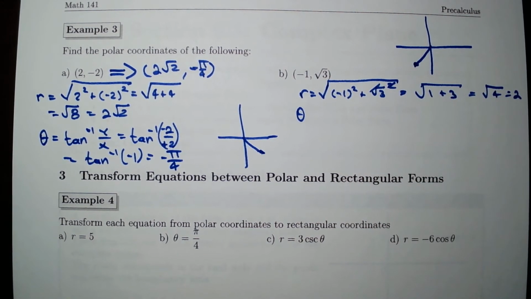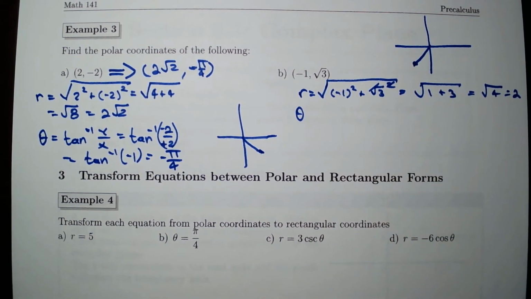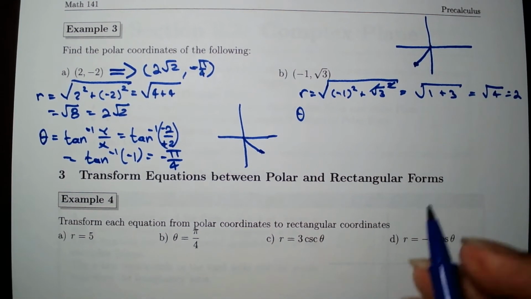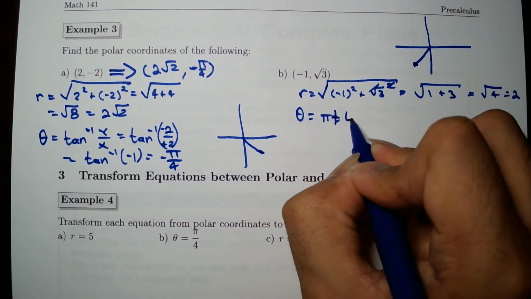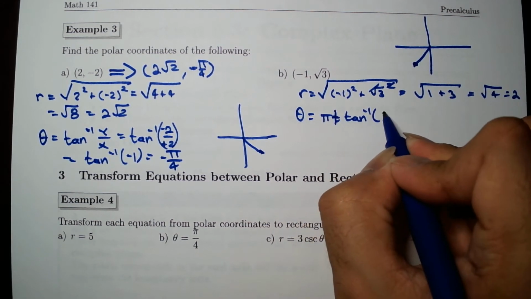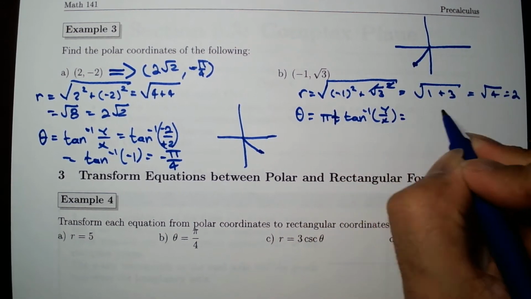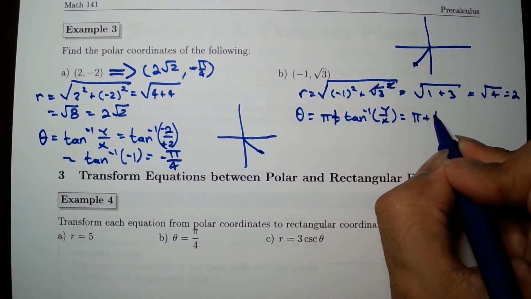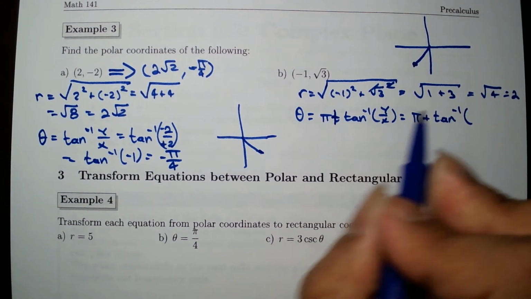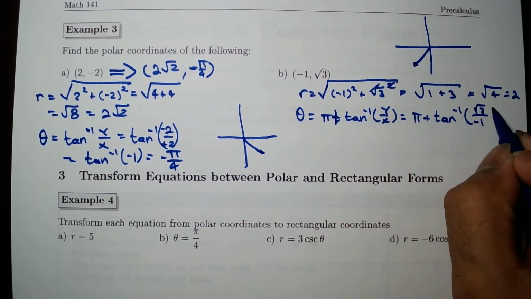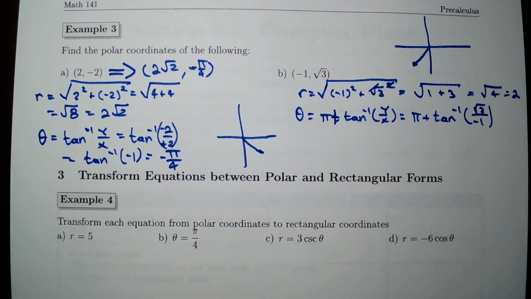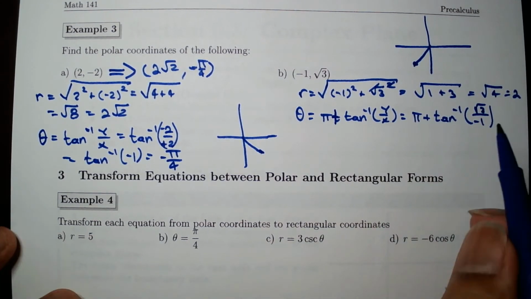In this case, we will need to actually add pi to our angle. So pi plus tangent inverse of y over x, that's root of 3 over -1. Well, this one might be a little bit tricky when it comes to inverse tangent.